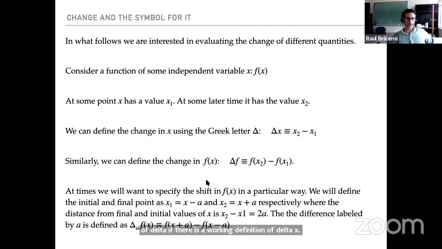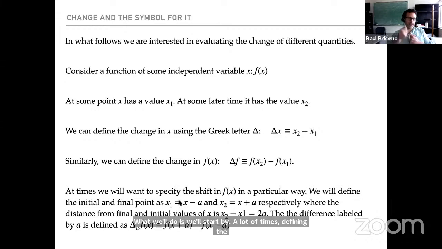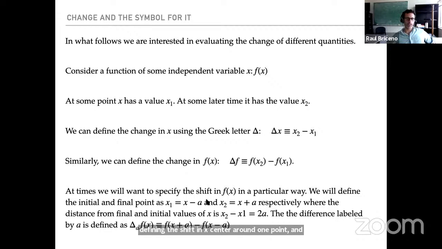And so at times, we'll want to specify the shift in f in a particular way. And here, what we'll do is we'll start by a lot of times defining the shift in x centered around one point, and we're going to be using a separation scale, which we're going to denote as a.